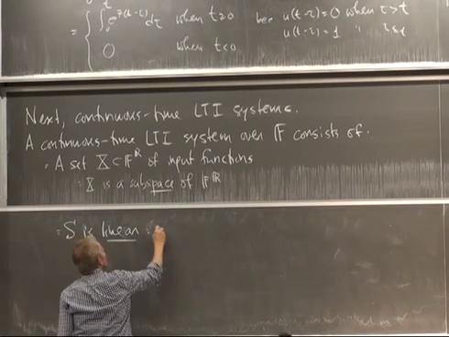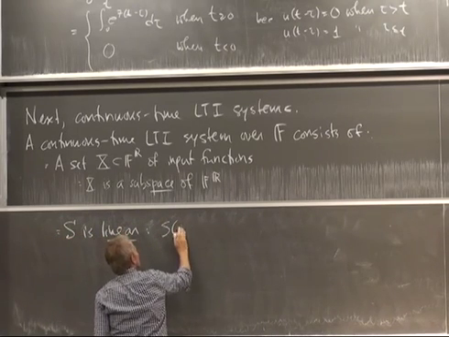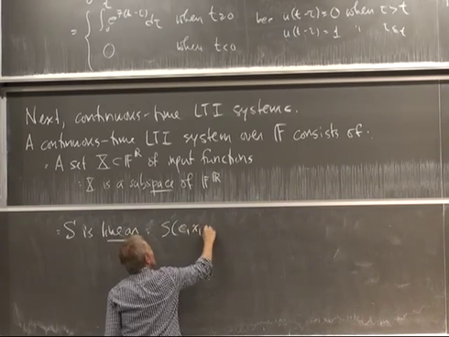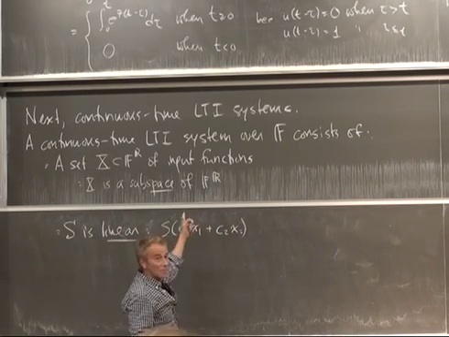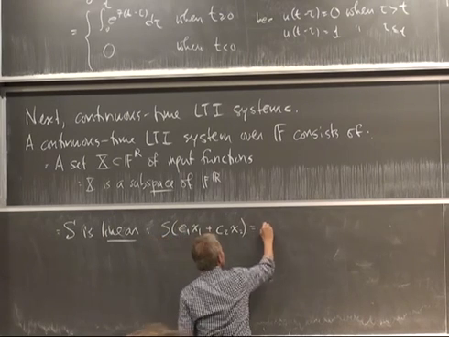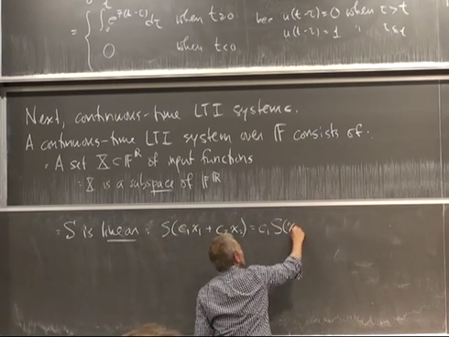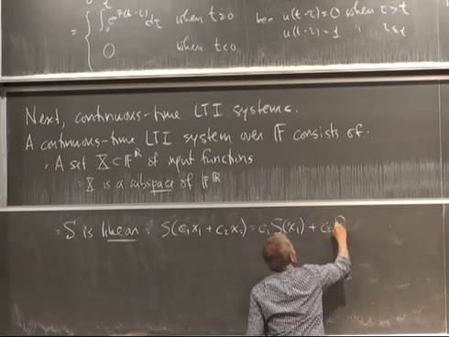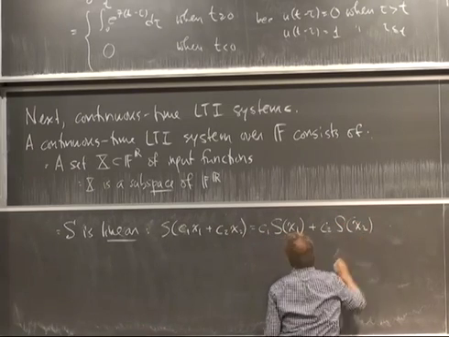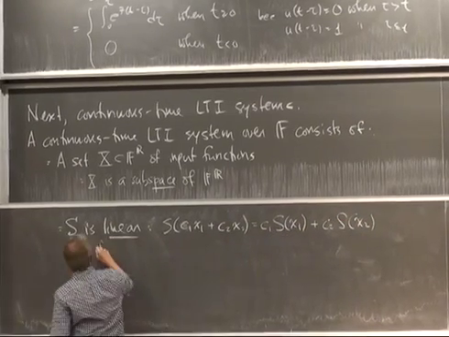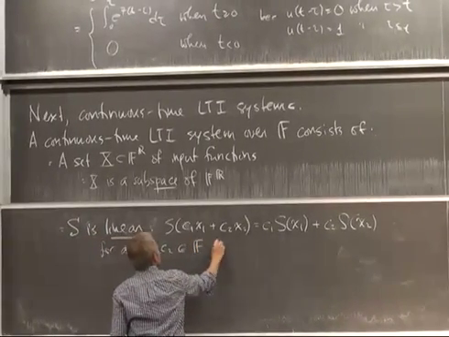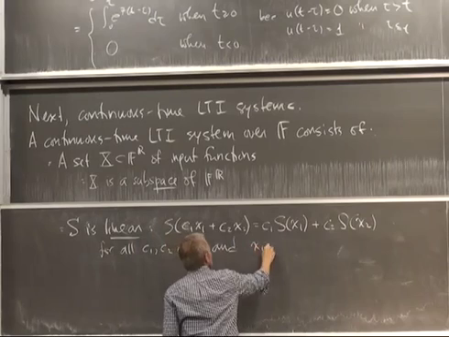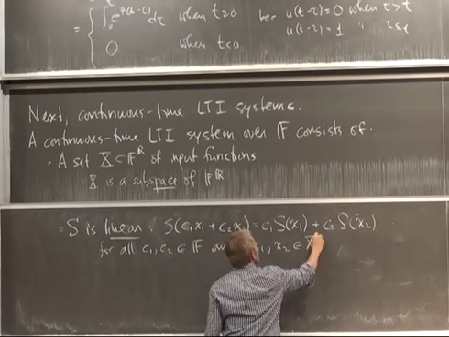What does that mean? That means that if I take S and I operate on a linear combo of inputs, which, by the way, is always going to be in capital X because X is a subspace, I get the same linear combo of the individual outputs. And that's true for all c1, c2 constants and x1, x2 in input signal space X.